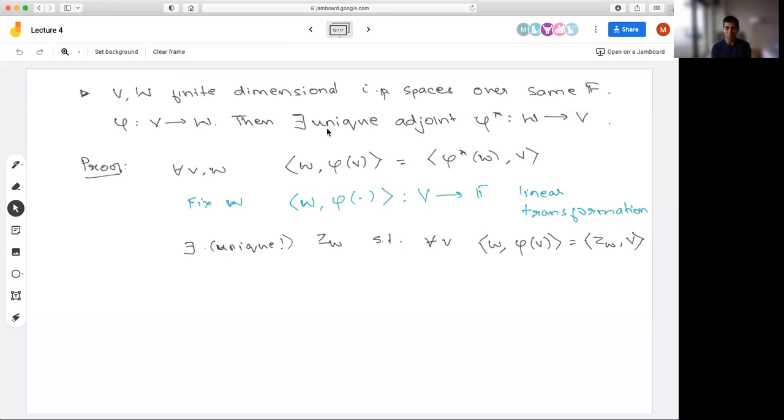We have an inner product with V, but this ZW depends on W. So, okay. Let's use this to define what we want.